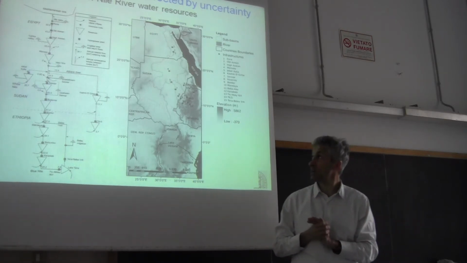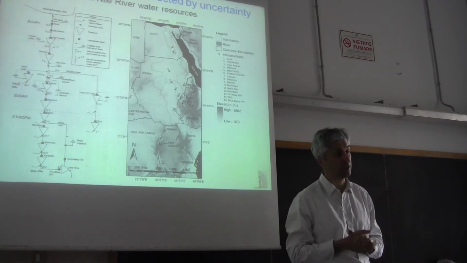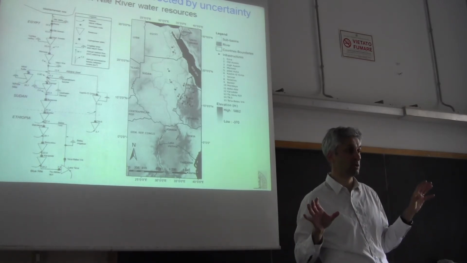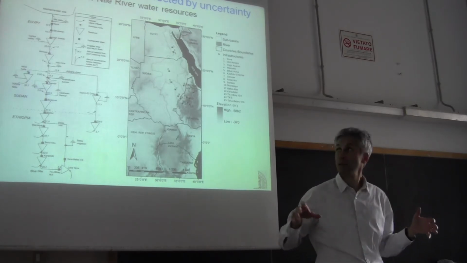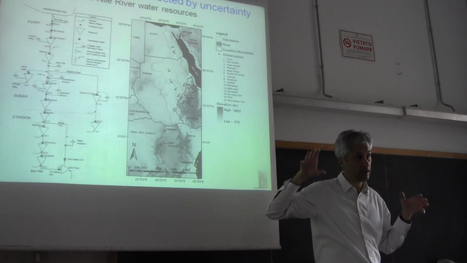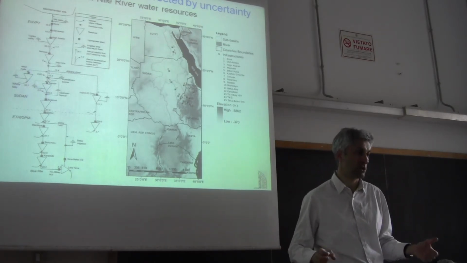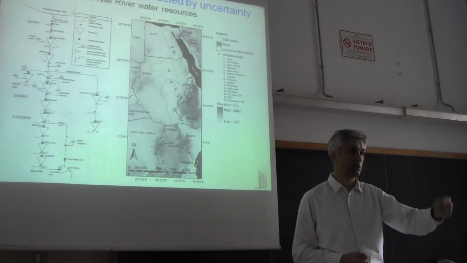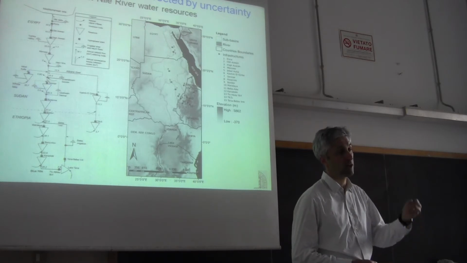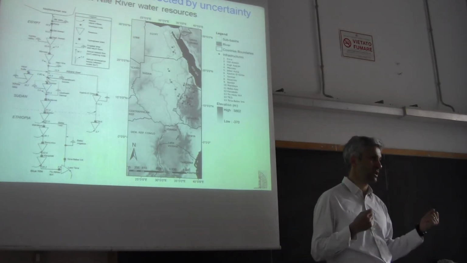But basically they started first in building important dams on the course of the Nile River, and they built a dam because they wanted to store water in order to make the river flow along the Nile River more regular. Because if you build a dam or reservoir, you can store water when you have a lot of flow, and then you can release water downstream during dry periods. Or you may use the water in the reservoir for irrigation.